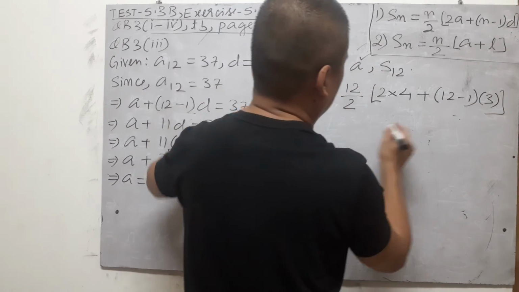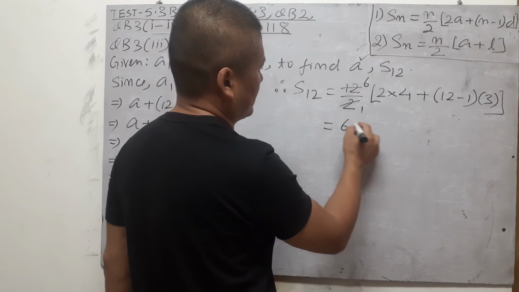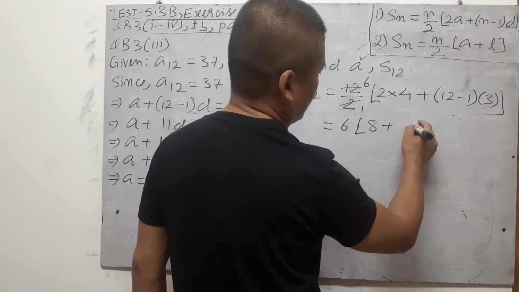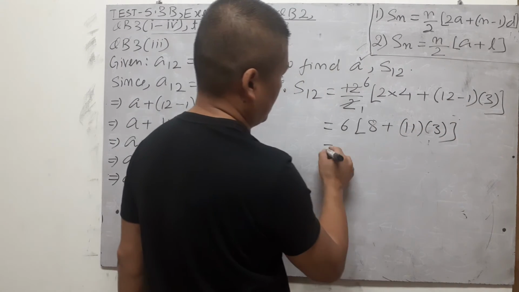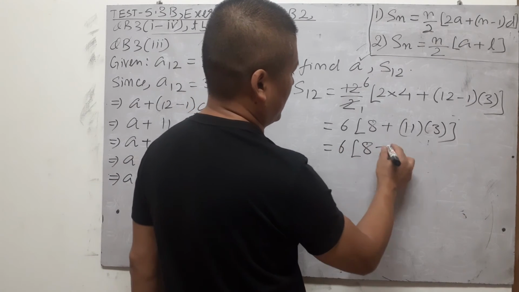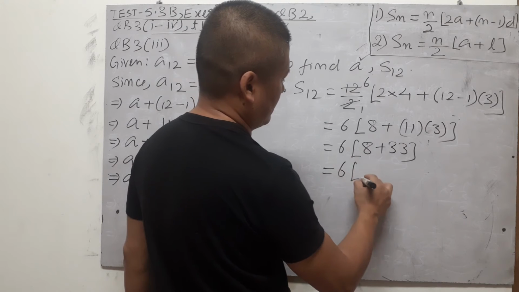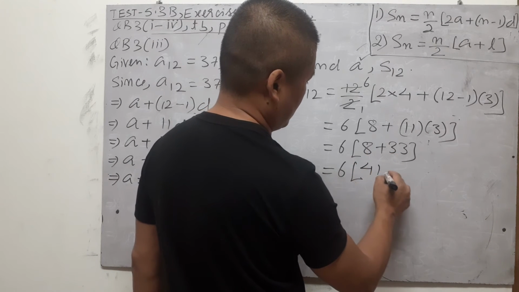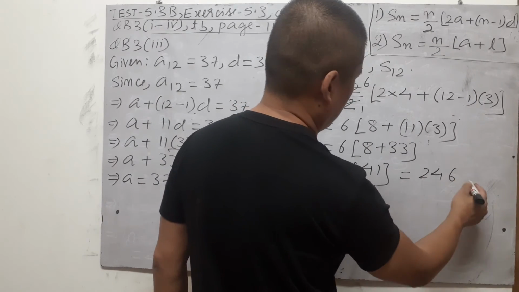So we can write it down. 2 6s are 12, so 6 into 8, plus 12 minus 1, 11 into 3, 33. So 6 into 8 plus 33, 41. 6 1s are 6, 6 4s are 24.